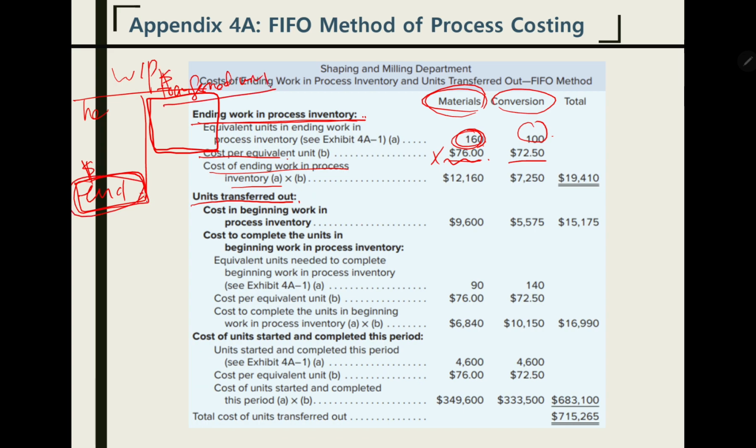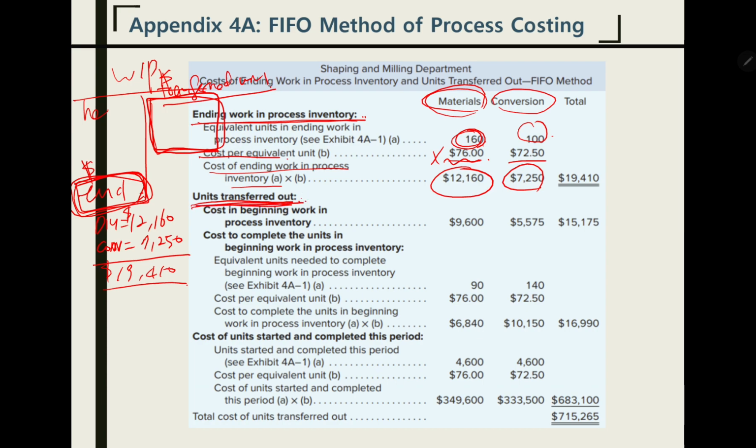For the ending inventory, direct material is $12,160 and conversion cost $7,250. So in total, the dollar amount of ending inventory is $19,410.